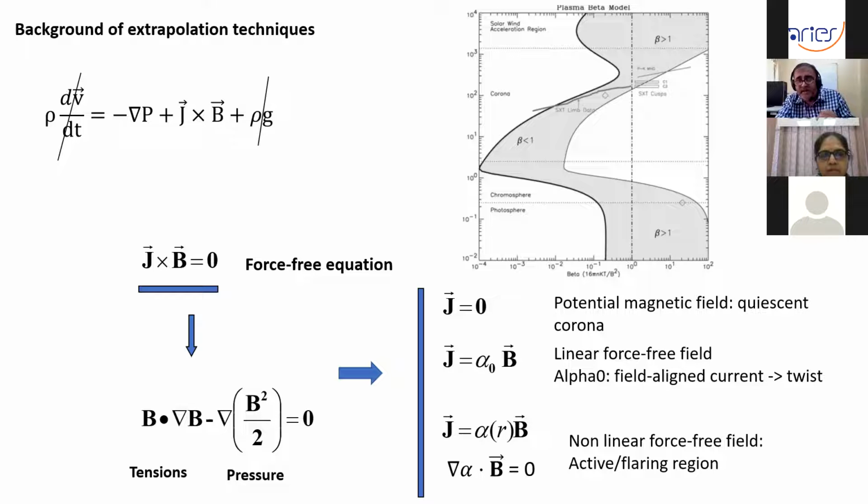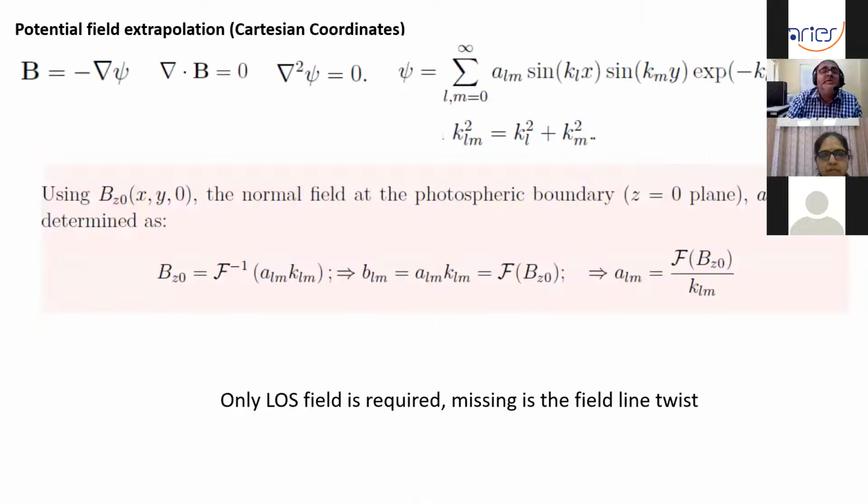This means that alpha, although it can vary over the volume, has to remain constant along a magnetic field line. So this is a very stringent condition. But this is the standard model that we apply to construct magnetic field lines in the active regions.